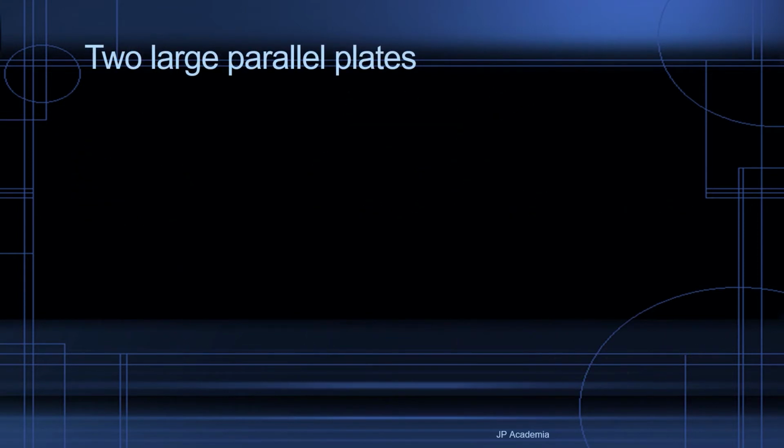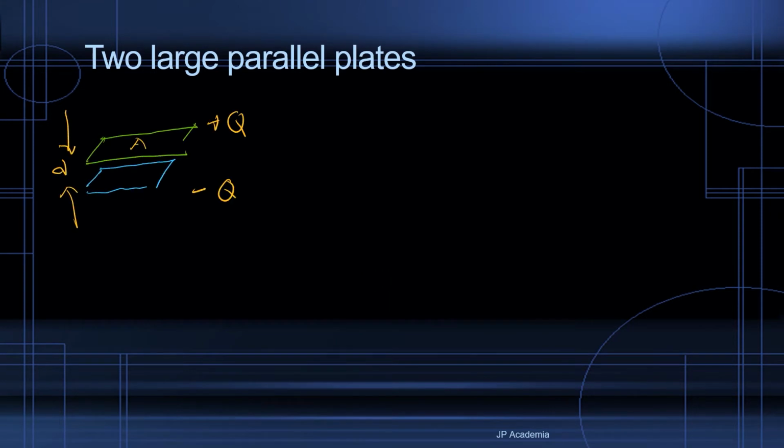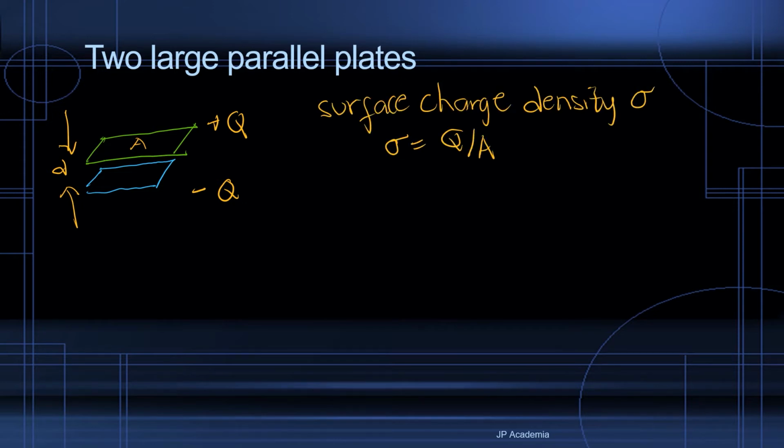Okay, now let us find the capacitance of this parallel plate capacitor with two metal surfaces with area A placed at distance D apart. We place a positive Q at the top and negative Q on the bottom plate. The surface charge density, which I will now define, is just the charge Q over the area A of the plate.